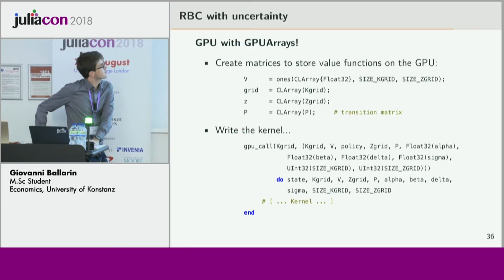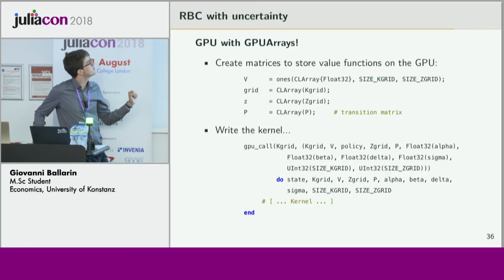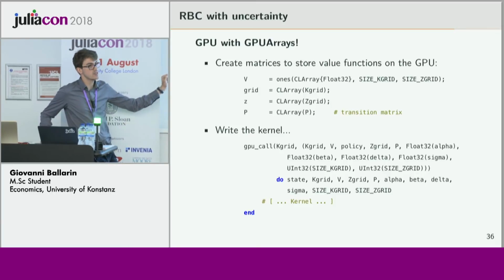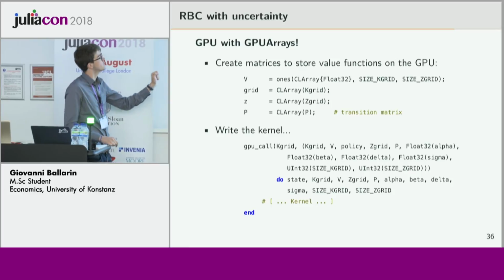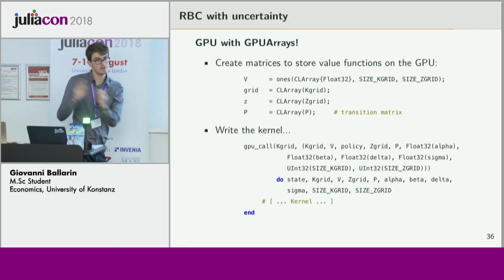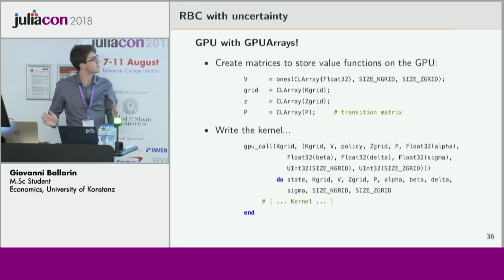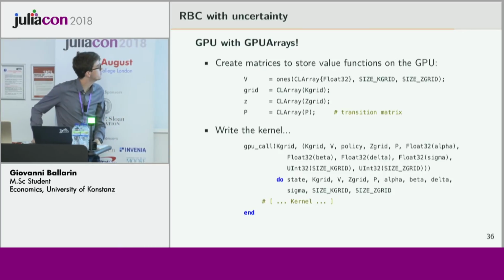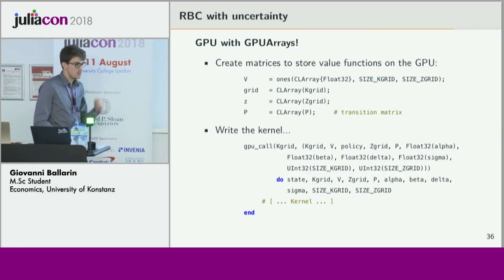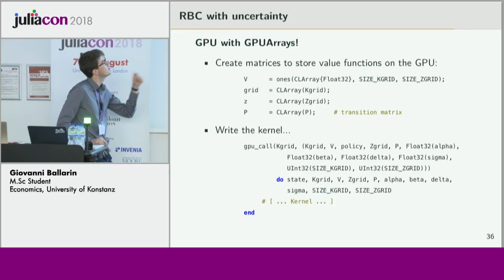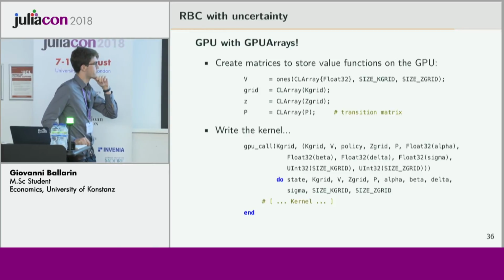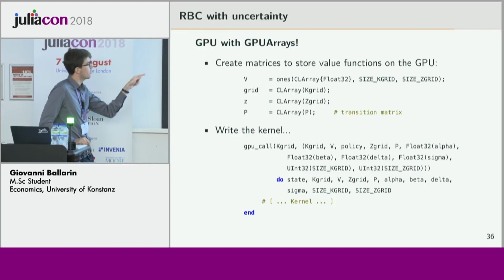And with GPUArrays, is this going to be more complicated? Well, a bit, yes. You have to tell Julia that you're doing stuff on the GPU, so you're using CLArrays. Everything is a CLArray, defined on the GPU. And then you have to write this nice, a bit verbose, but nice GPU call.